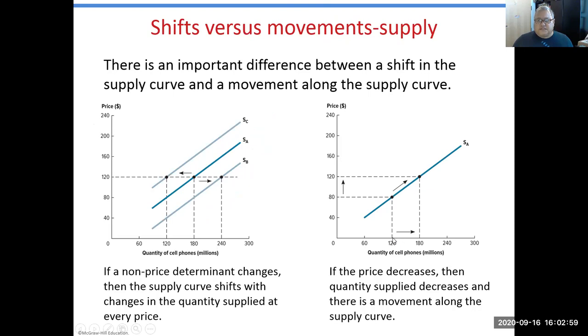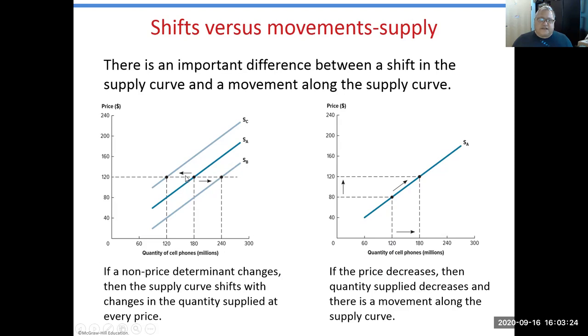But that's because the quantity supplied will rise, not because the supply increases. So own prices cause movements along a single supply curve. Thus, we call those quantity supplied changing.